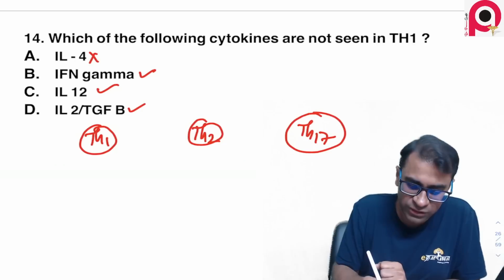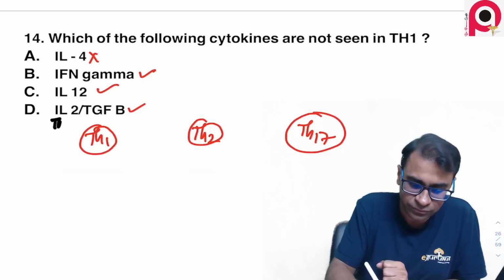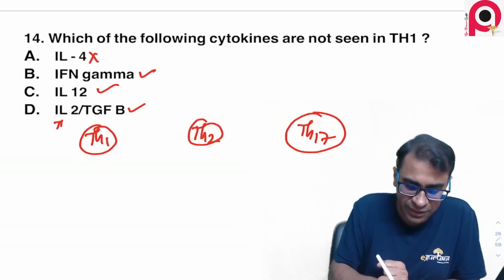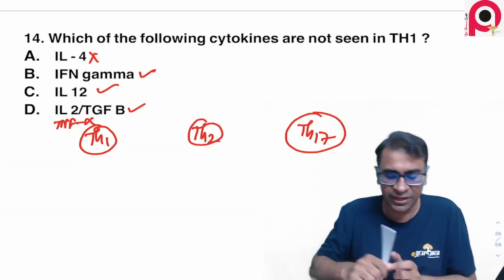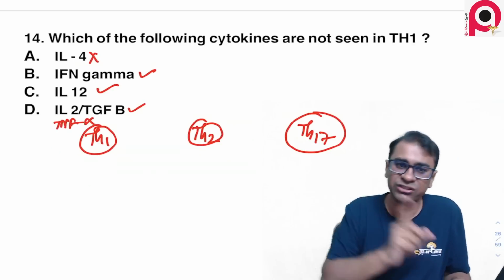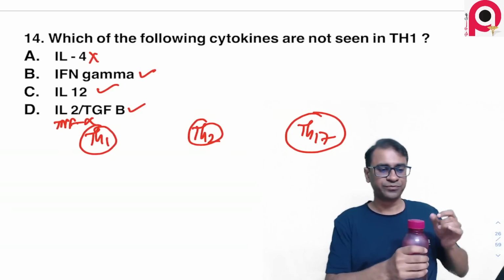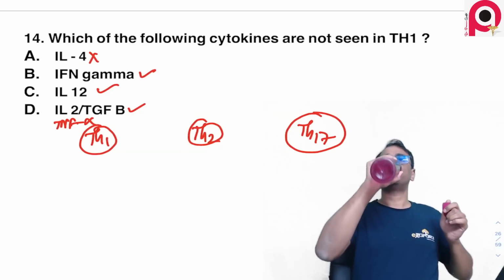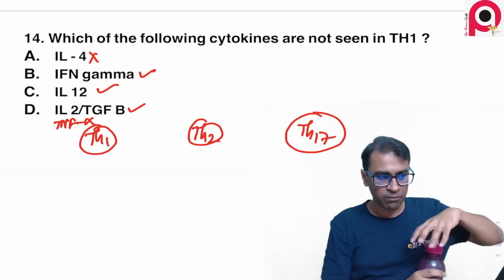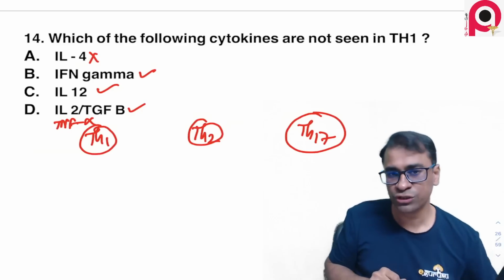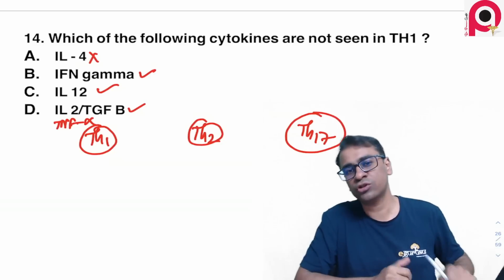Some students now say it is also TNF alpha. So TNF alpha also is not there in TH1 cells. If TNF alpha is the option, that also is not there in TH1.